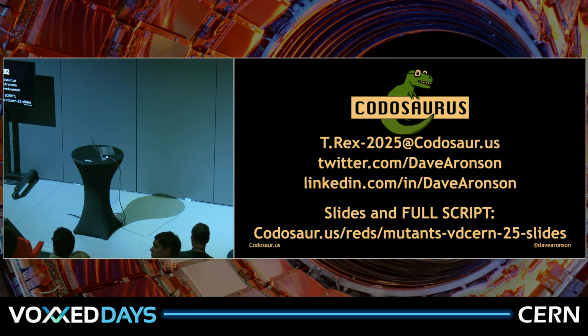So my question is, is it possible for a mutant to modify the code such that the test takes too long, or maybe even doesn't terminate at all? And in that case, how does the test suite proceed? Okay, that's actually a subject I addressed in the very first version of this talk and chopped out from most of the further ones.